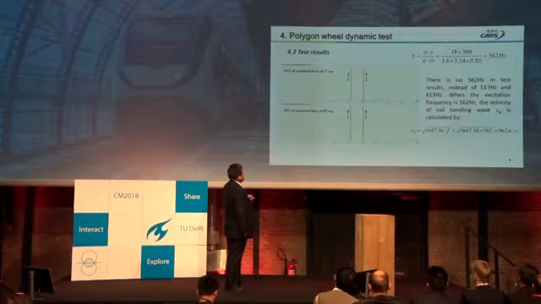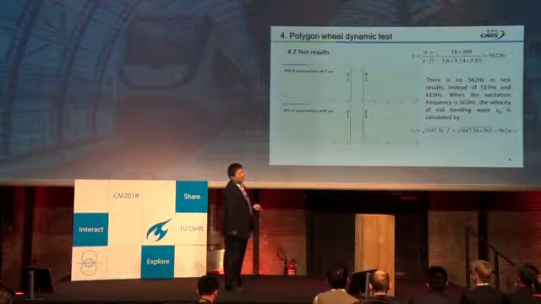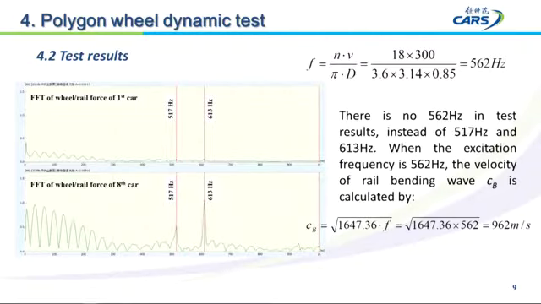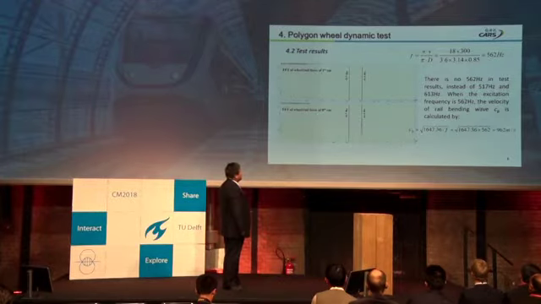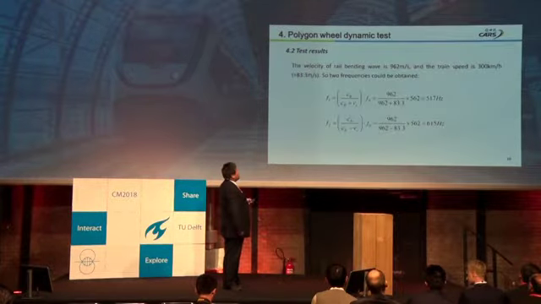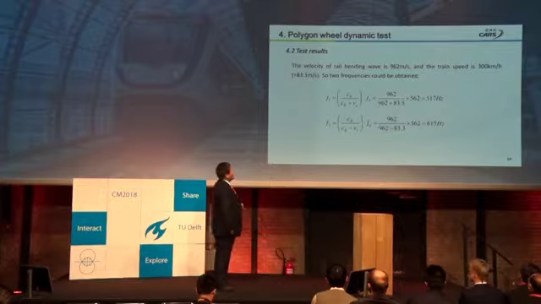So when we consider the rail bending wave velocity, it is calculated by this formula, and is 962 meters per second. Based on the Doppler effect, we can calculate the frequencies F1 and F2.